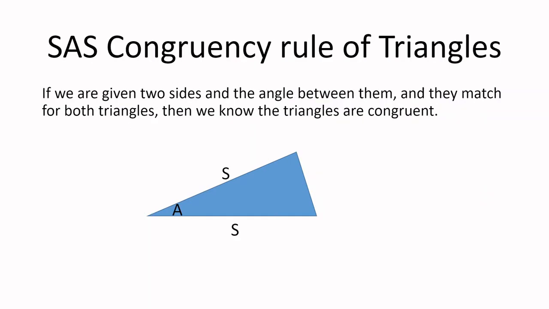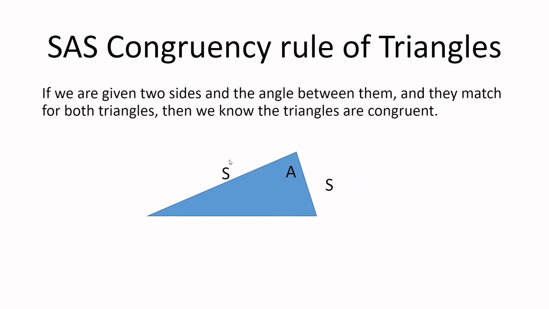Our next rule is a bit more complicated because it involves both side lengths and an angle. And the order in which those side lengths and angles are given make a big difference. The SAS rule refers to 2 side lengths given along with the angle in between them. So here I've given you this side, an angle, and then this side. Or I could have given you this side and an angle and this side.